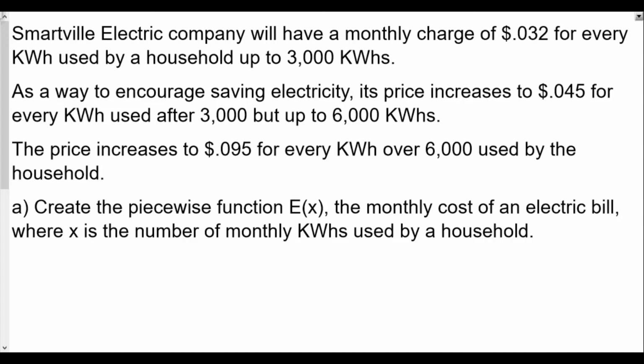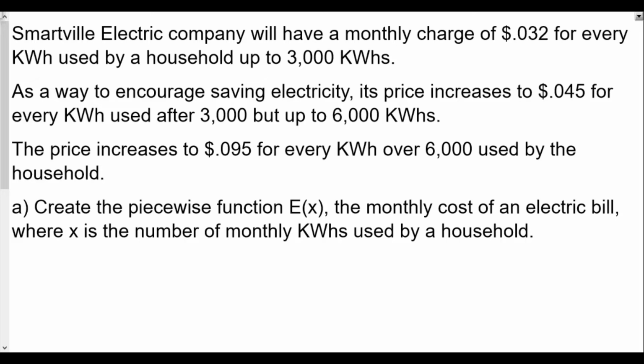Smart Real Electric Company will have a monthly charge of $0.032, or really 3.2 cents, for every kilowatt hour used by a household up to 3,000 kilowatt hours. As a way to encourage saving electricity, its price increases to $0.045 for every kilowatt hour used after 3,000, but up to 6,000 kilowatt hours.